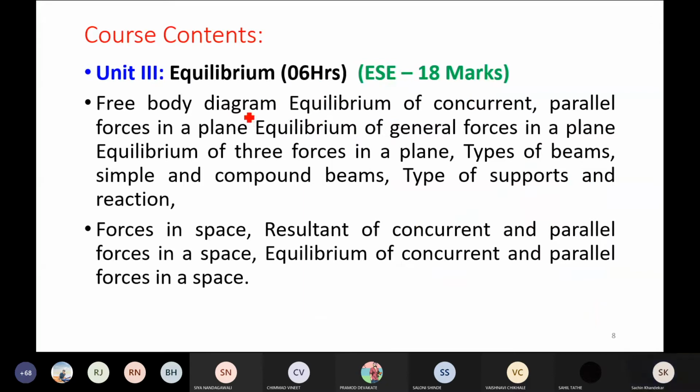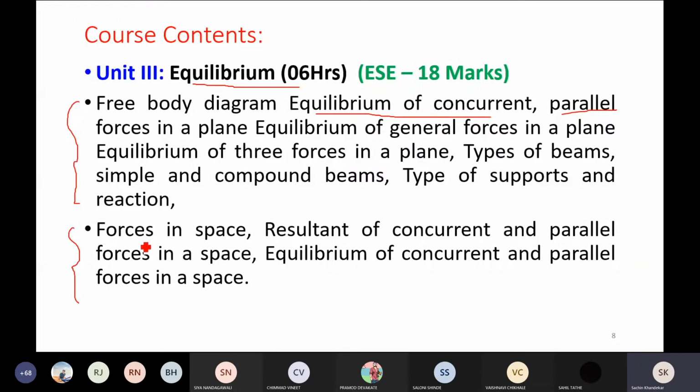Okay, fine. So let us start. Unit number 3. The title of this unit is equilibrium. These are the contents of this unit: first, the concept of free body diagram, then equilibrium of concurrent and parallel forces in a plane, equilibrium of general forces in a plane, equilibrium of three forces in a plane, types of beams, simple and compound beams, types of supports and reactions.